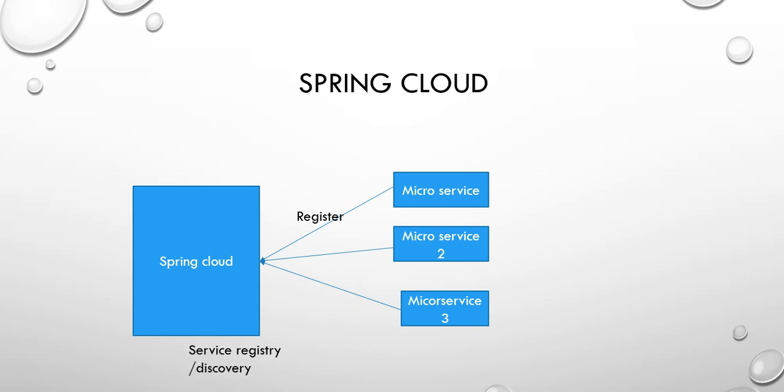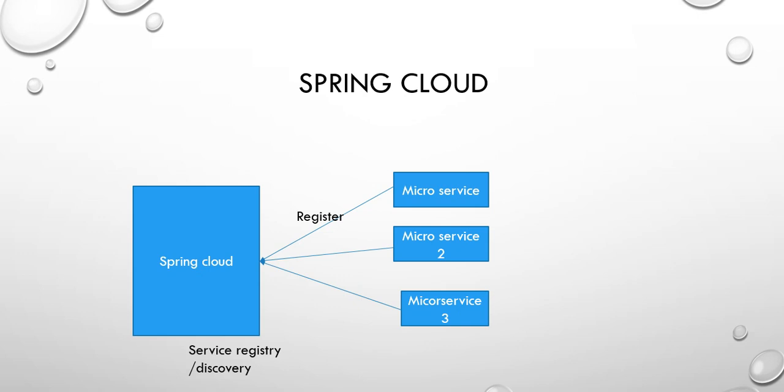So Spring Cloud provides a provision where one application can be made a Spring Cloud server by adding the Spring Cloud server dependencies, and we can make a microservice a client to Spring Cloud by adding the Spring Cloud client dependencies to that microservice.